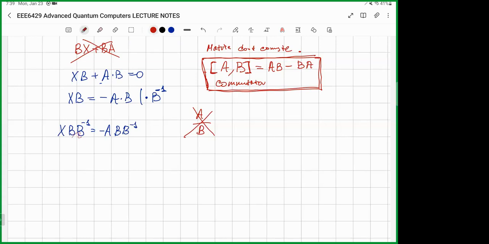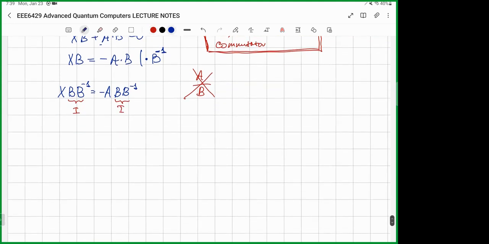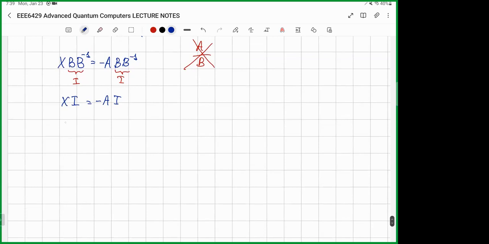So now we recall that it doesn't matter in what order we multiply the matrices, right? So we can multiply these two first, and this product of B and B inverse is the identity matrix. And here is also the identity matrix. So X identity equals minus A identity, and identity by any matrix equals the matrix itself.